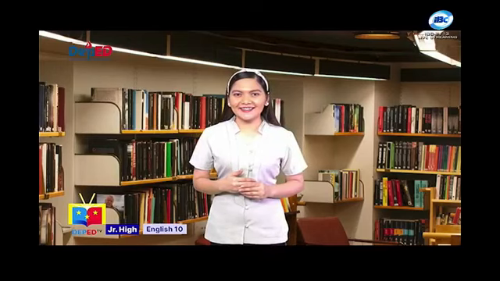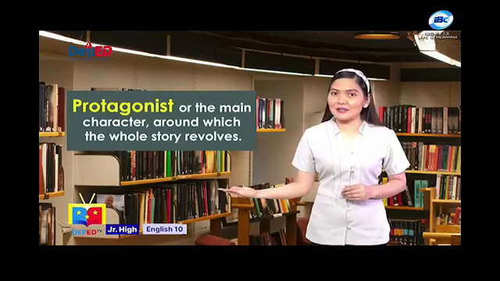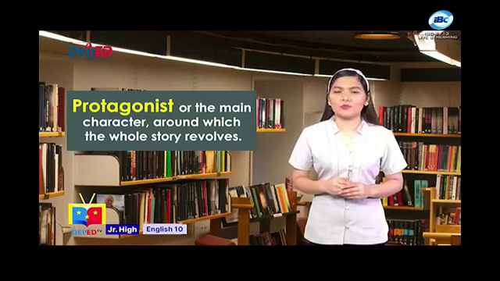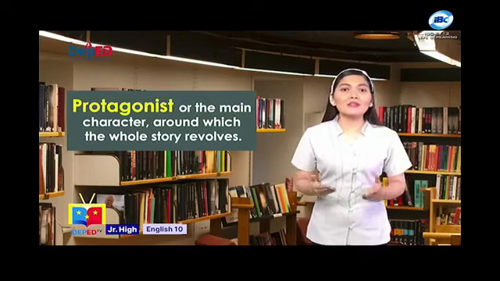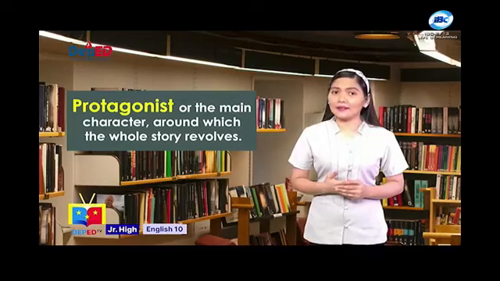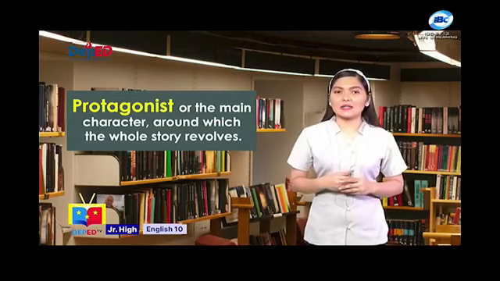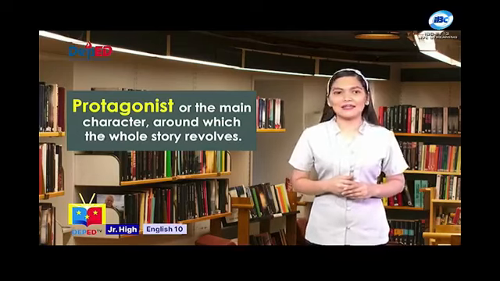There are various types of characters in a story. They are: Number 1, protagonist, or the main character around which the whole story revolves. He is usually the primary agent who makes the major decisions and experiences the costs of those decisions and often faces the most substantial conflicts.